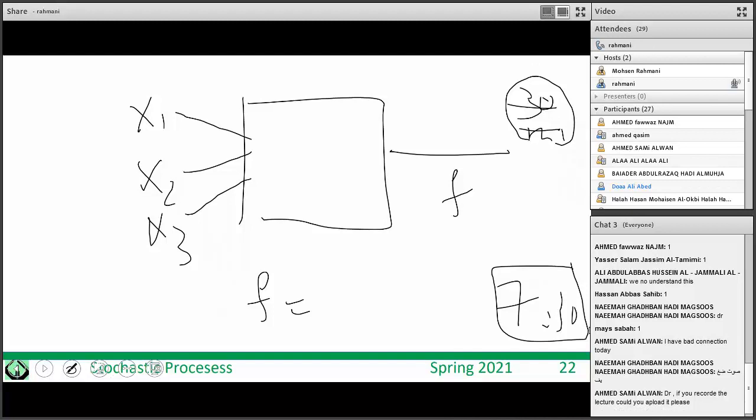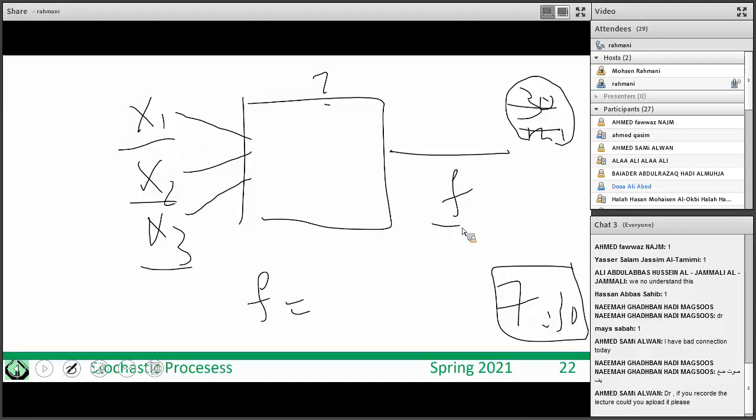I wanted to say the relation between neural network and today's lecture. In neural network also, we have some input and output, and this is a black box, and we want to find what is in this box. Here also, at first we guess a function.